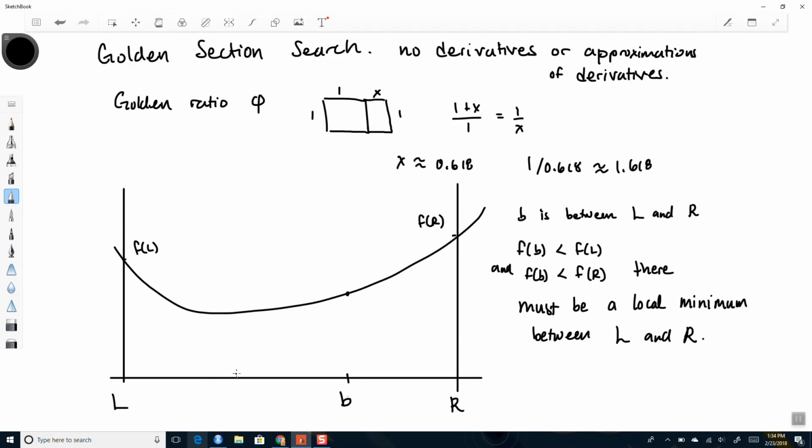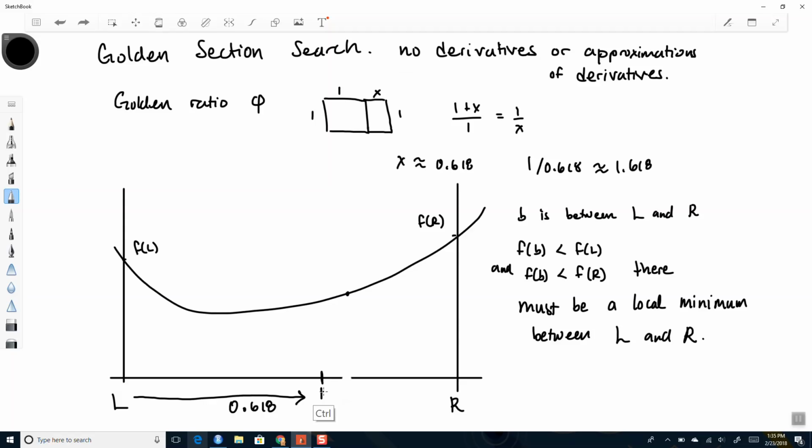And we're actually going to pick 2 points in the middle. B is supposed to be at the golden ratio, 0.618 of the way from L to R. I'm trying to eyeball this, and it's really hard.